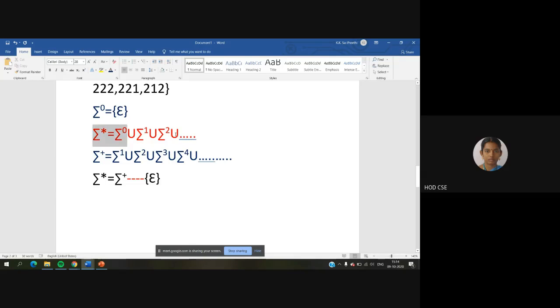Take this red color font expansion. Sigma star is here. On the right side, sigma plus is here. What is sigma plus? Sigma plus is sigma power 1 union sigma power 2 union sigma power 3, likewise it goes. I'm highlighting this. This is called sigma plus. Isn't it? What operator can you fill here?